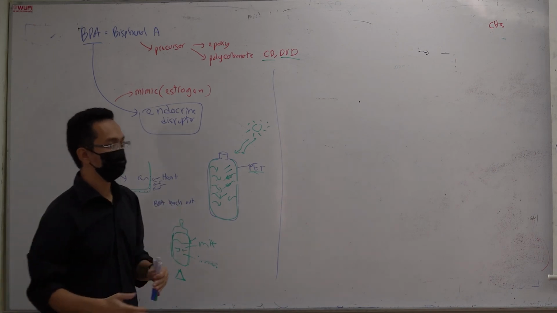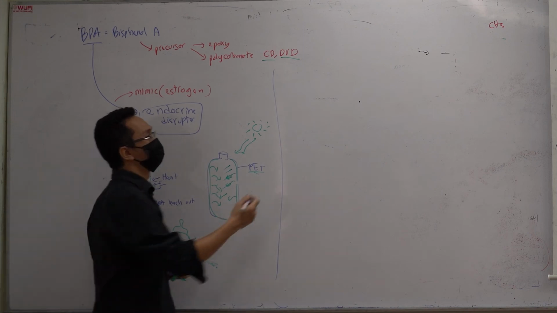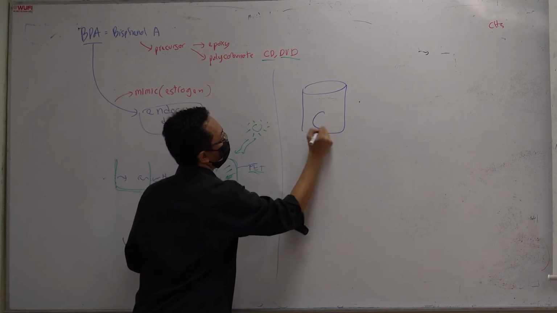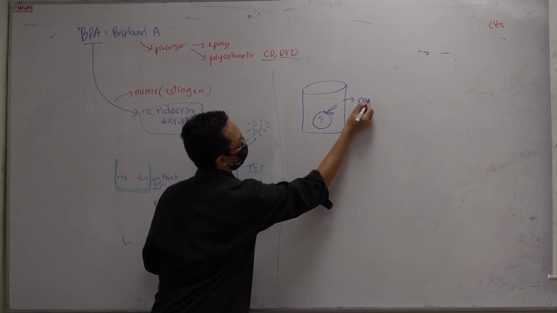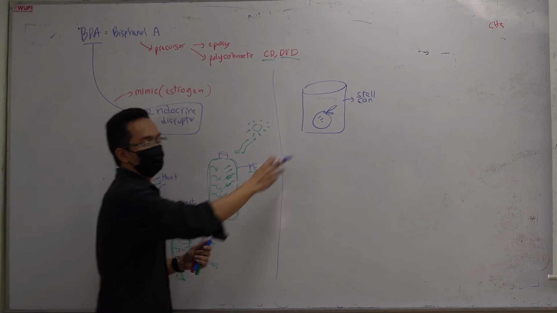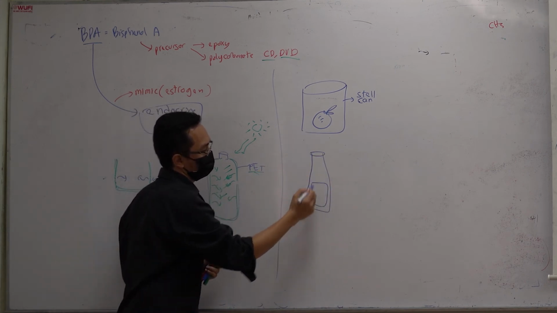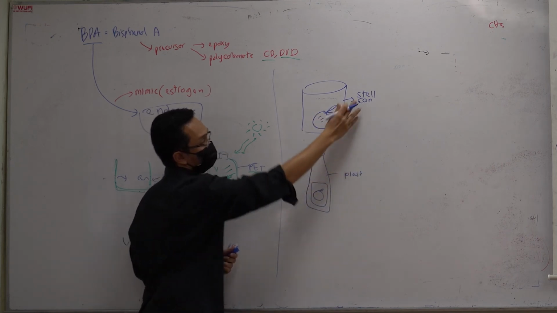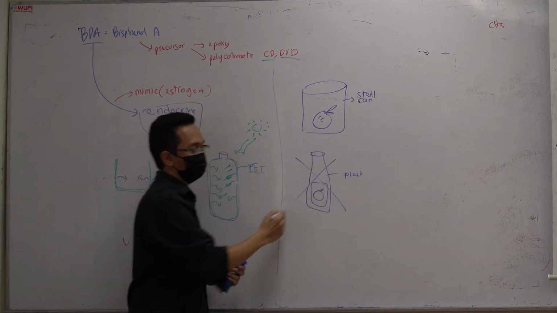Sometimes you go to the market and you don't want to use plastic. Let's say you want to buy tomato ketchup, which you can buy in plastic, or you can buy in a steel can. Let's say you don't want plastic because you're afraid about the BPA.